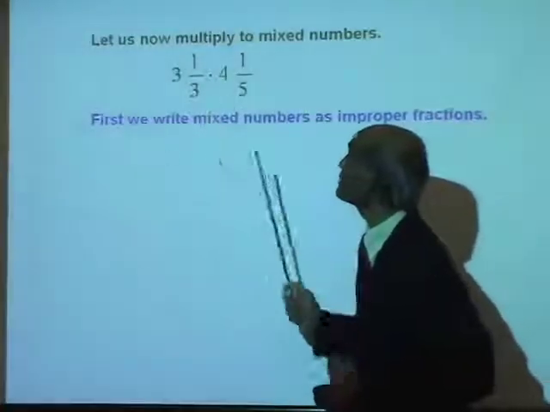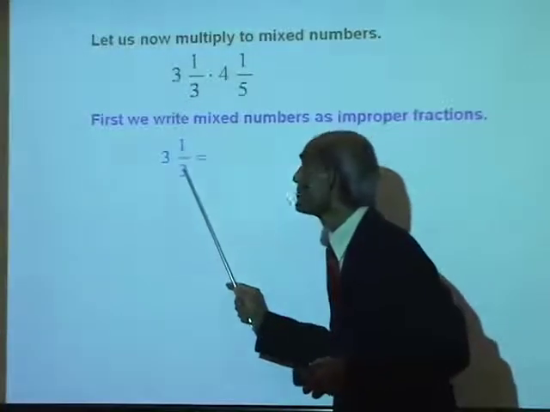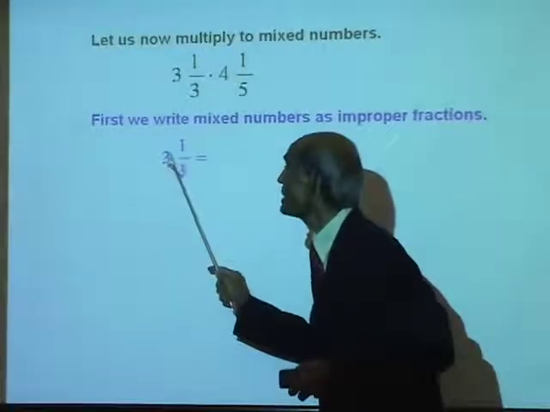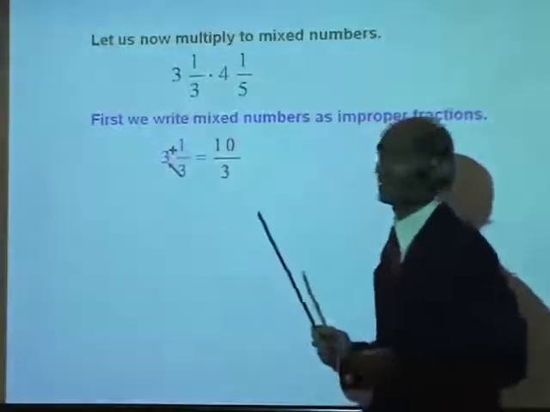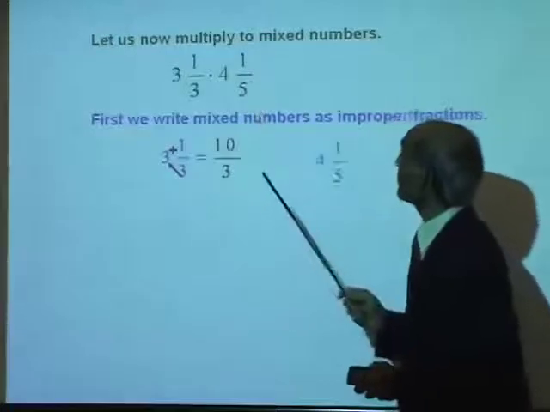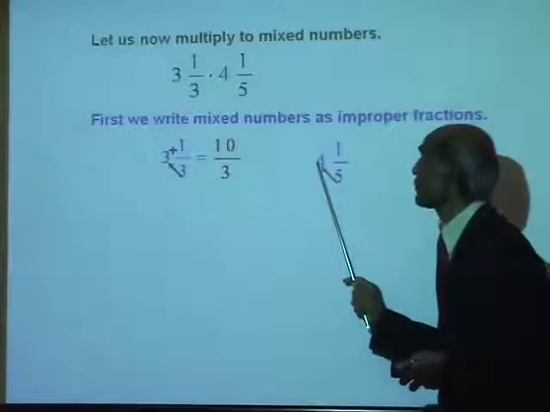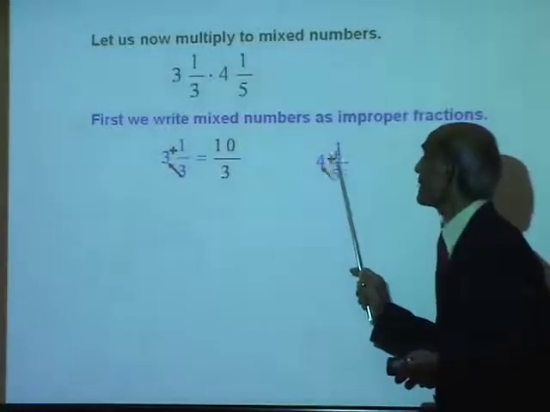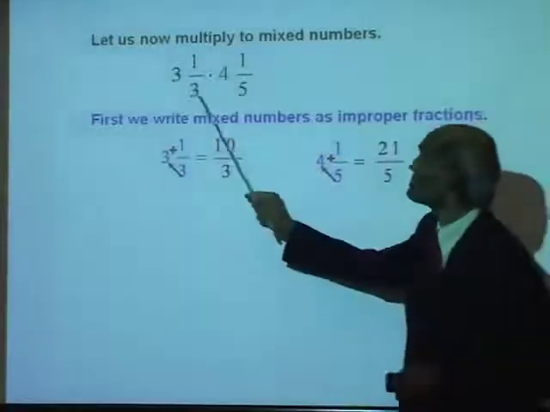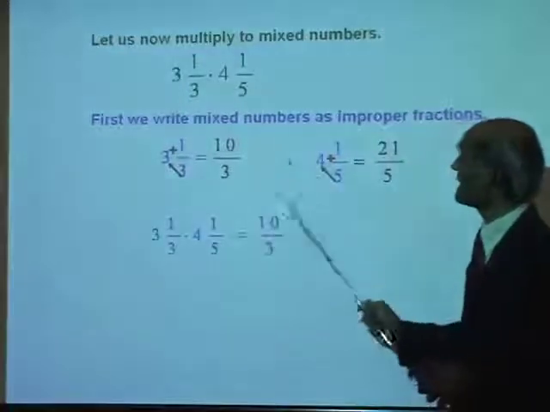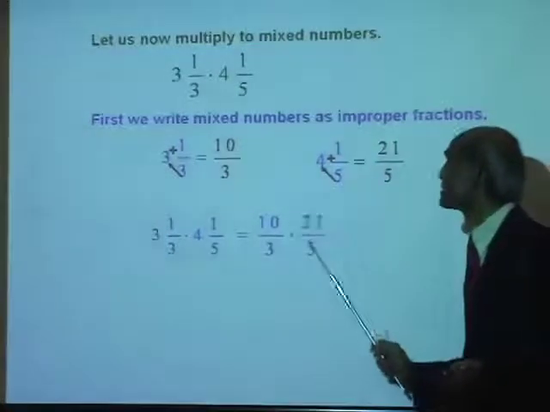Alright, how do we write these as improper fractions? 3 and 1 over 3 will be 3 times 3 plus 1 equal to 10 over 3. Alright, let's now write 4 and 1/5. Try again. 5 times 4 is 20, plus 1 is 21, so it's 21 over 5. So this product can now be written as 10 over 3 multiplied by 21 over 5.